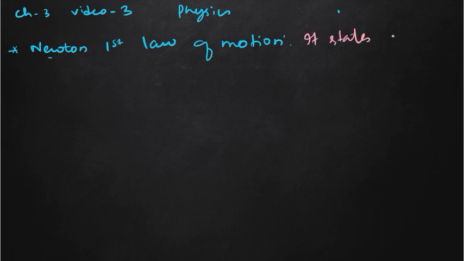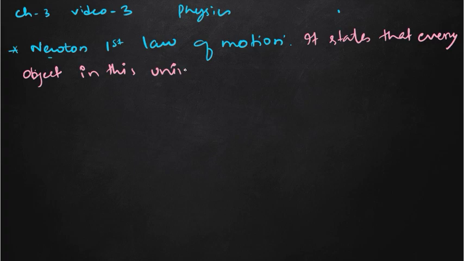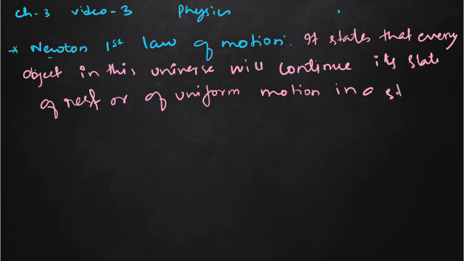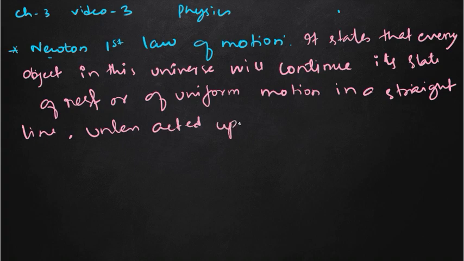So how can we define it? It states that every object in this universe will continue in its state of rest or of uniform motion in a straight line unless acted upon by some external force.